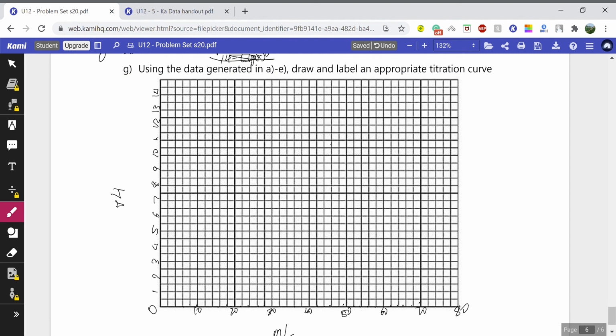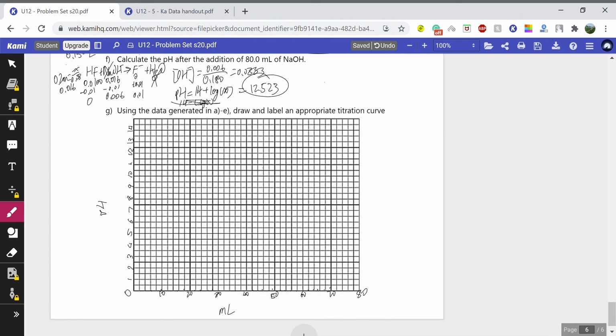Okay, let's see. This is milliliters of NaOH added, and this is pH.